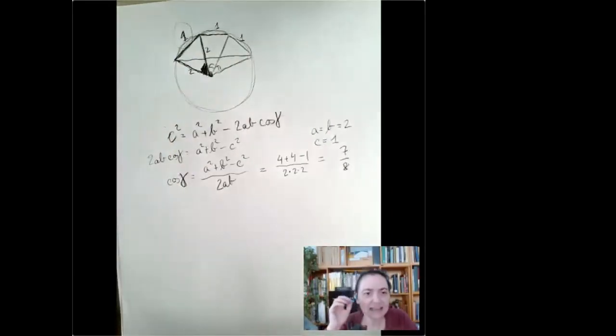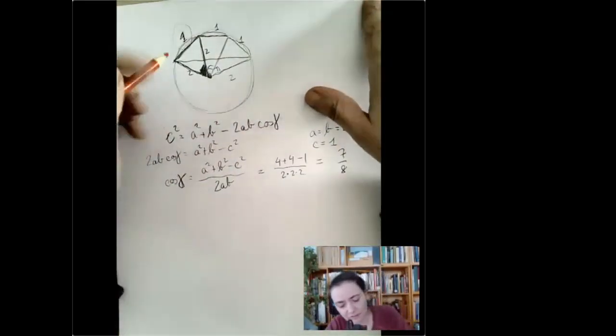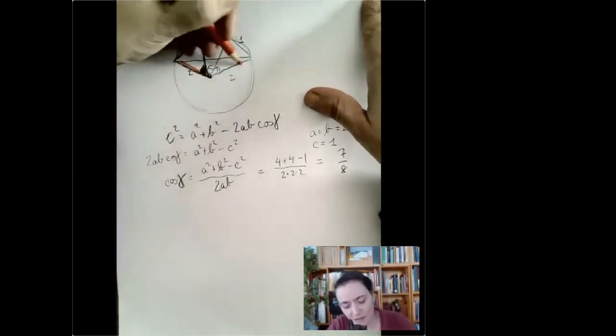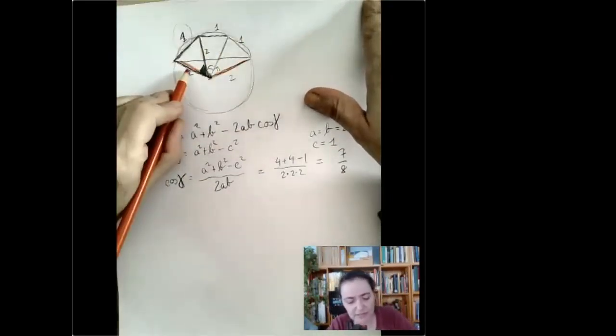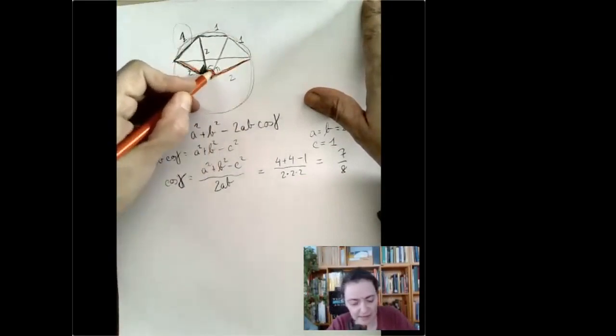Now, if we are asked for exact values, then from cosine gamma we can find sine gamma. And then we can find cosine of 2 gamma and then cosine of 3 gamma. And then we would conduct a law of cosines on this triangle where we know that this side is 2, this side is 2, and this is 3 times the angle.